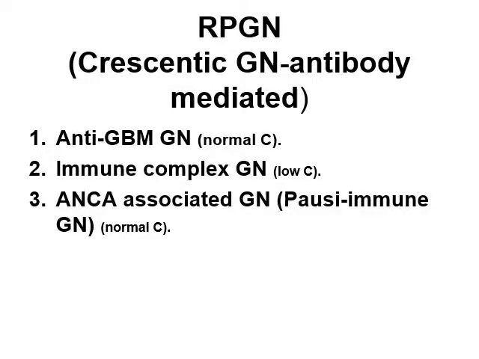For that reason it's called pauci-immune, with a small level of immune complex, pauci-immune GN or ANCA-associated GN. Of course, this type will have normal complement in the serum because no immune complex will be formed. It's mere antibodies. So don't forget these three subtypes of antibody-mediated GN. We'll discuss this in more detail.